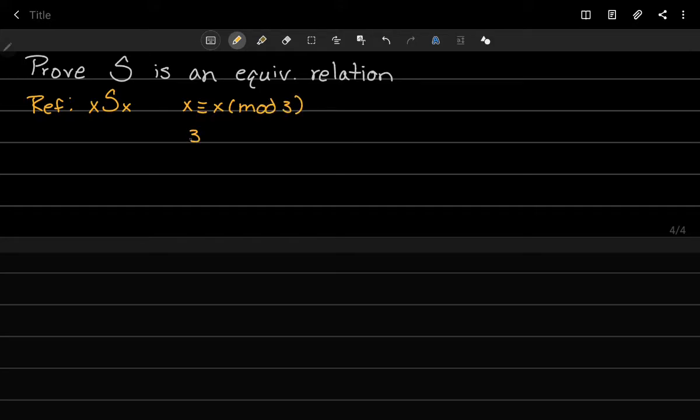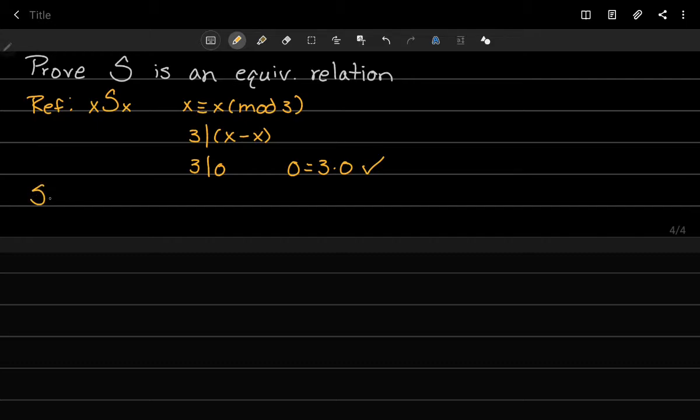That means we need 3 to divide x minus x, which means we need 3 to divide 0. That looks funny, but that actually is true, because 0 does equal 3 times 0. So that actually is okay. So yes, it is reflexive. A number is going to be congruent to itself, mod 3.